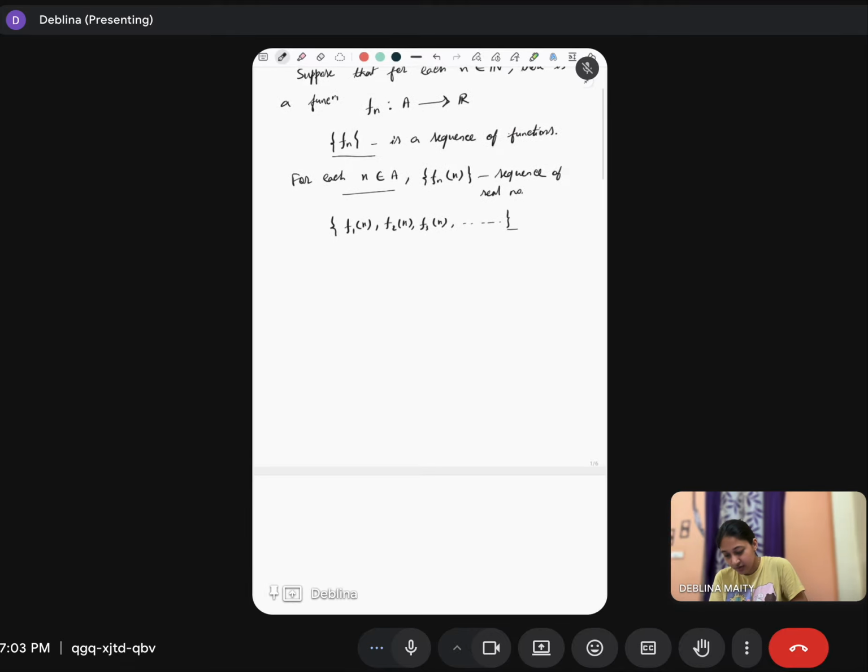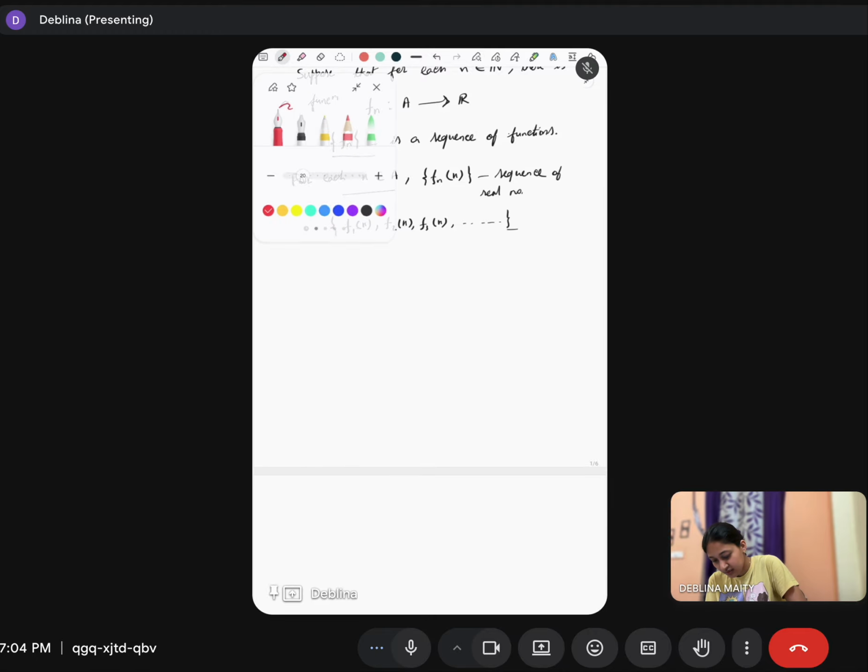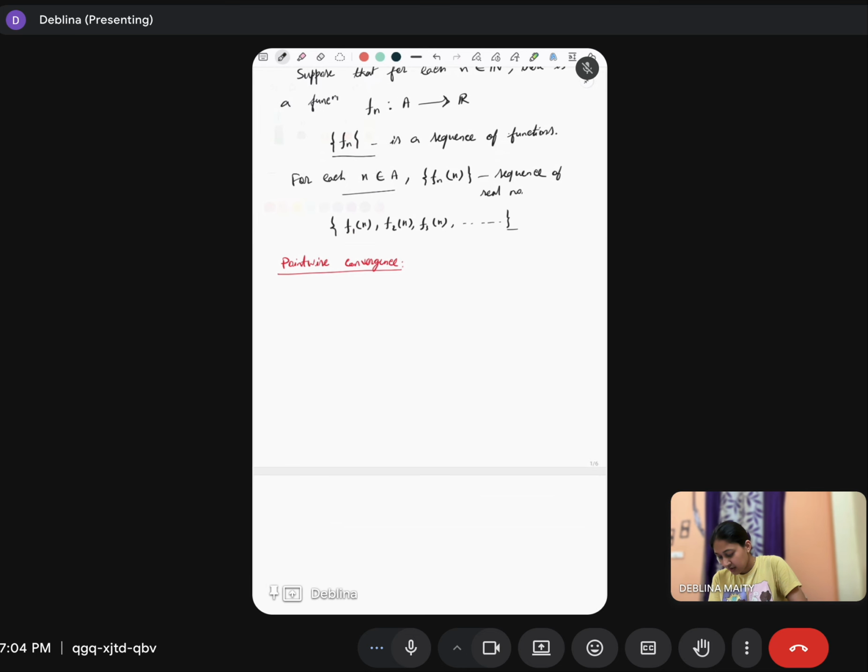Now we'll define pointwise convergence of this sequence of functions. So take a subset D of R, and for each n, let fn from D to R be a function.